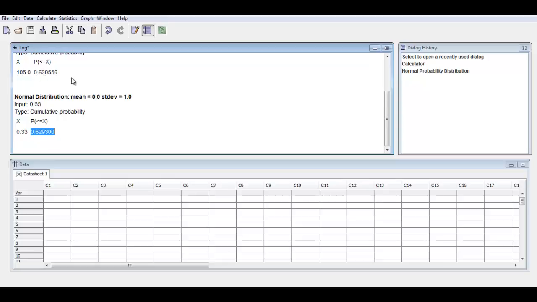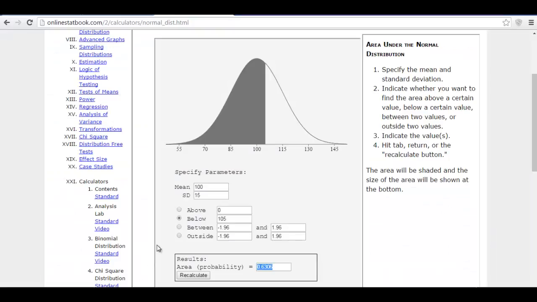That's slightly less because it's rounded from the 1/3. Showing that on here, I would be using a mean of 0 and a standard deviation of 1. That's for z-scores. Now we've translated these into z-scores, and I would be doing the probability of the z-value being below 0.33. And again, I get 0.6923.